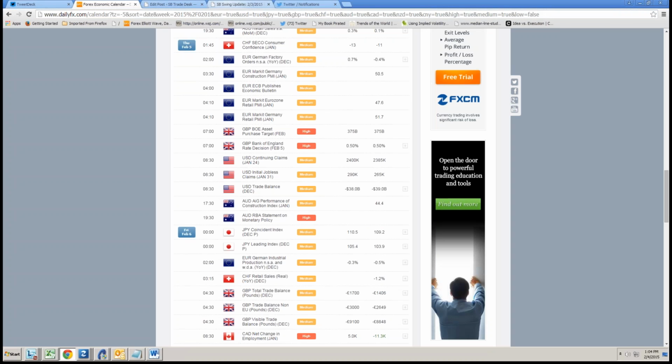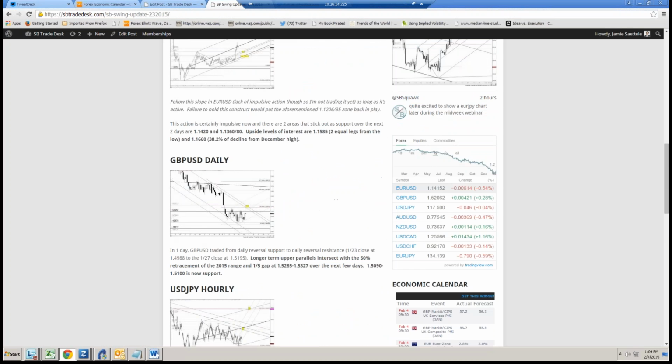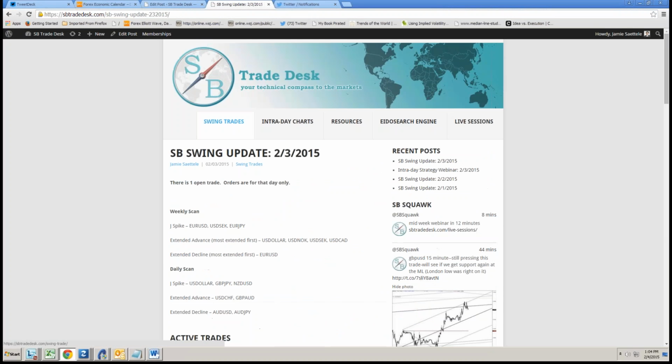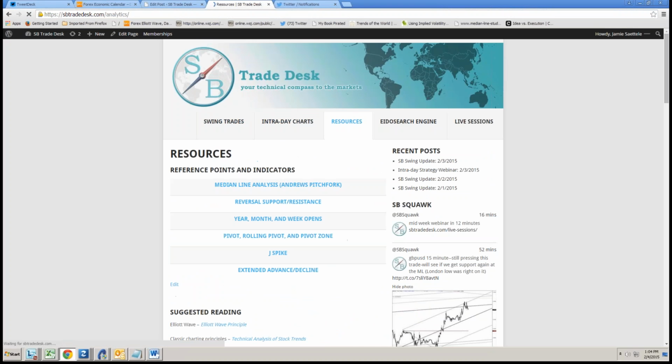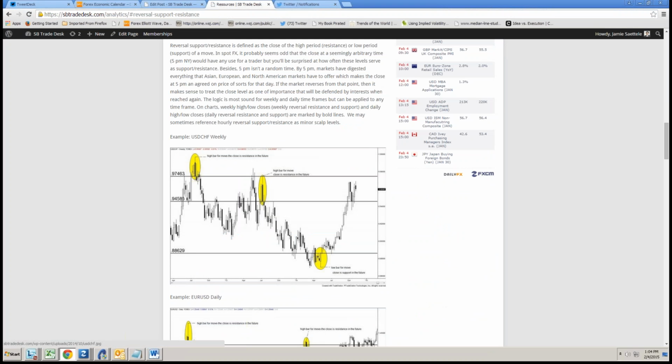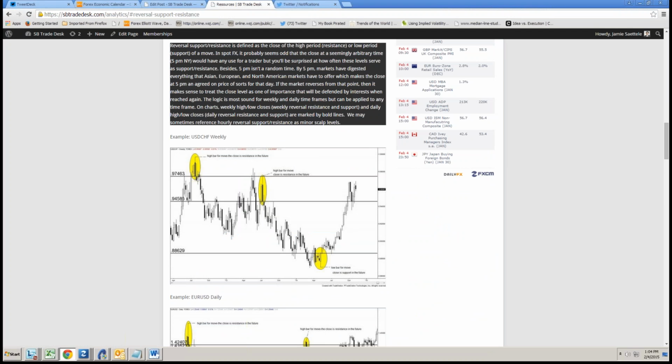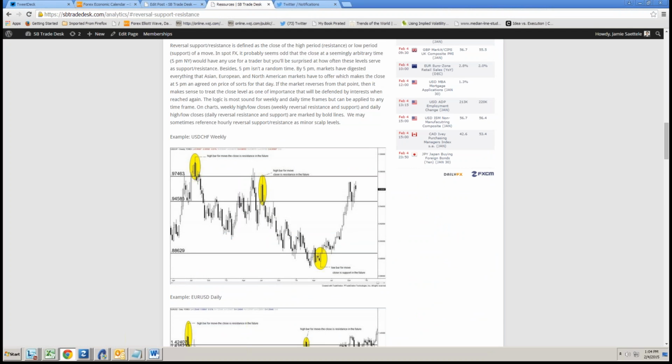But just remember what the importance of those reversal bars are, right? Reversal support and resistance, okay? Here on the resources page, defined as the close of the high period or low period in spot FX. It seems odd to close at an arbitrary time, but it's not. By 5 p.m., markets have digested everything Asia, Europe, North America had to offer. Therefore, it's the agreed-on price of that day, okay?